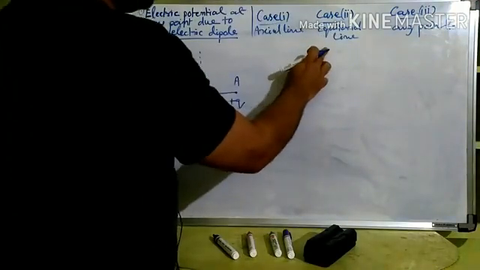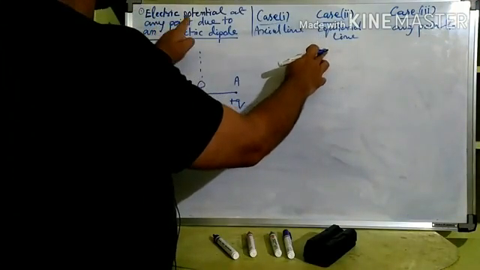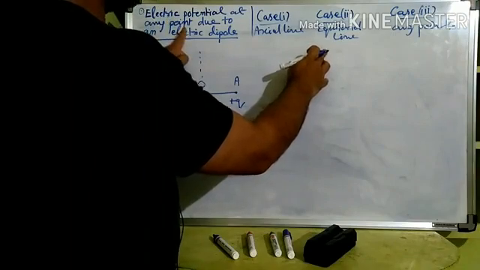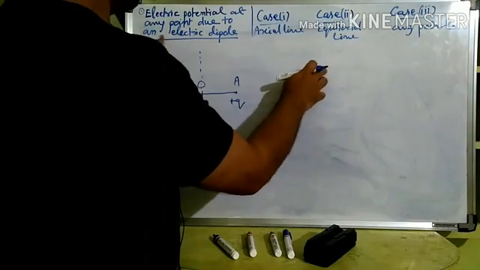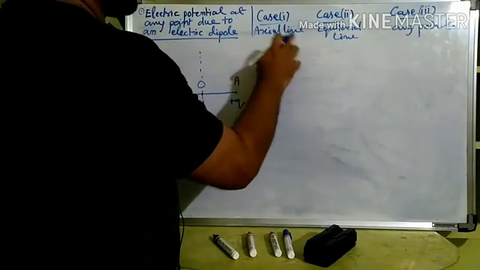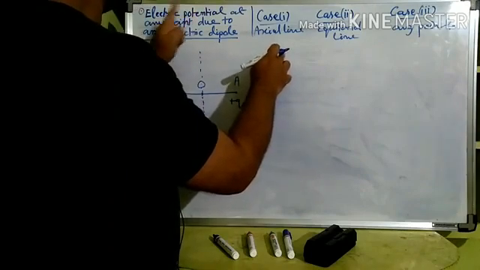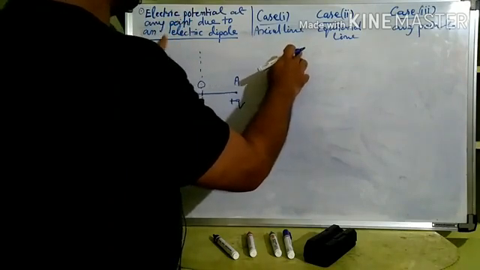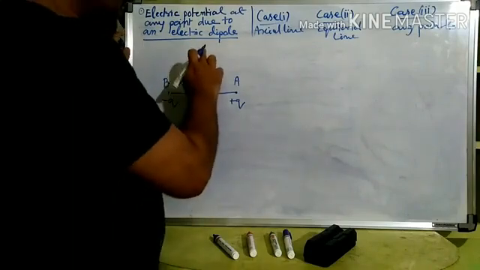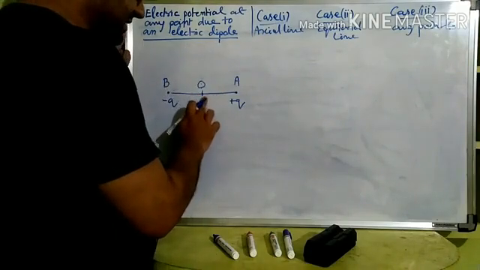For the equatorial line, that means electric potential at any point along the equatorial line due to an electric dipole. Similarly, for case 1, the axial line, the electric potential at any point on the axial line due to an electric dipole. So first we will see case 1, the axial line.